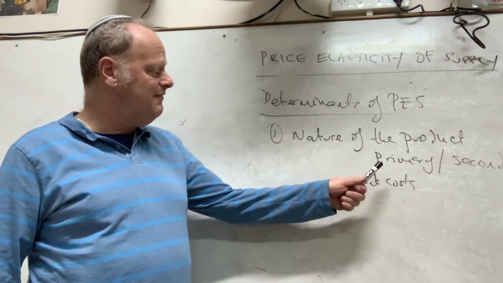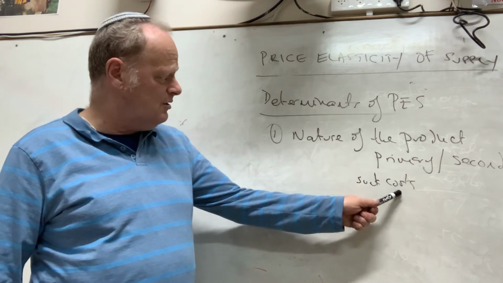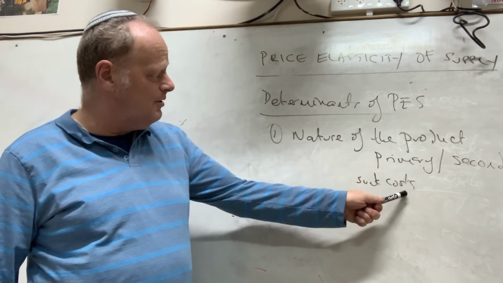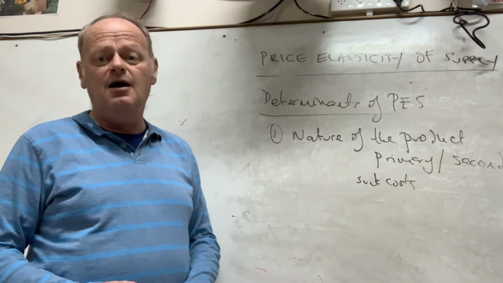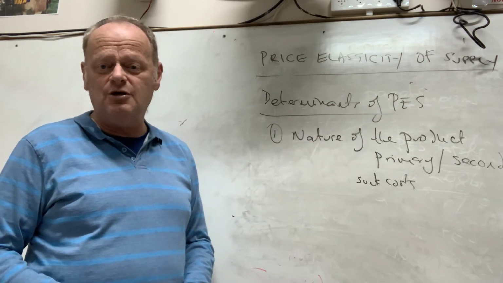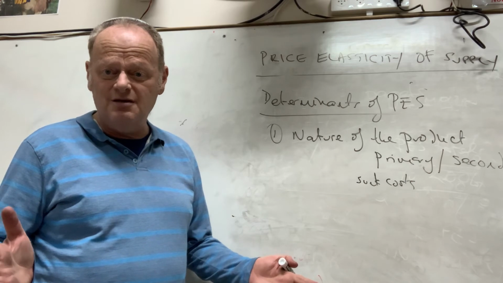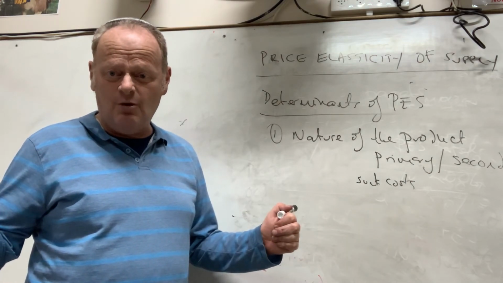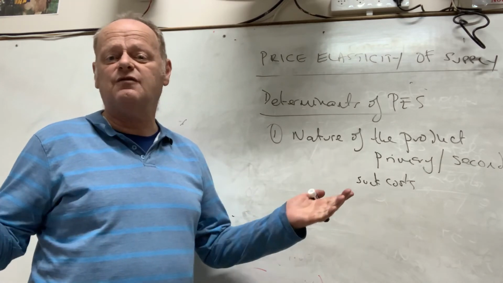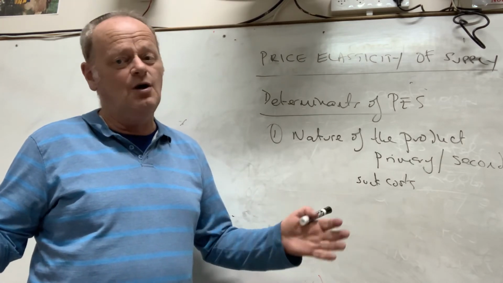So therefore, if you've got high sunk costs, which is typical with primary goods, it is likely to be price inelastic in supply. But if it's like a bagel business, where you can buy a bit of equipment, produce your bagels, and suddenly baguettes go more profitable, you can easily change from bagels to baguettes, or vice versa.